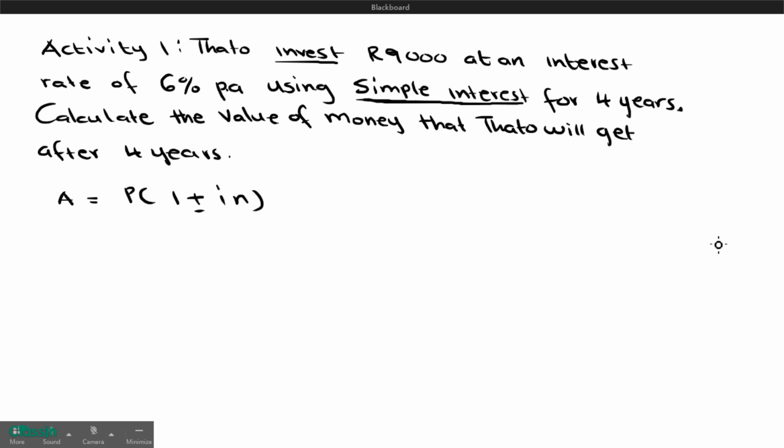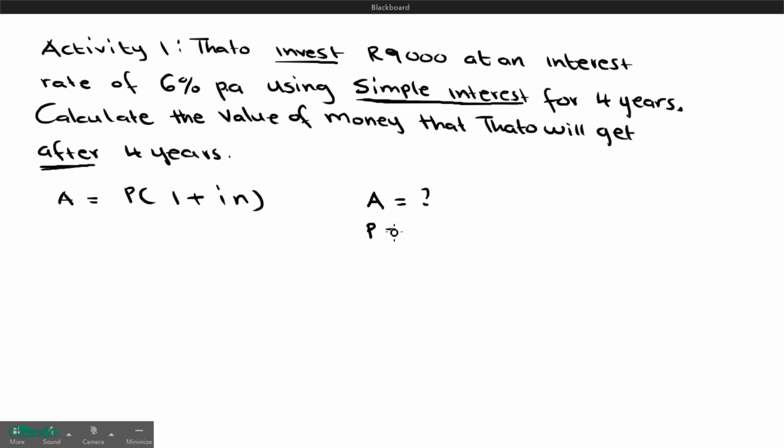If you are using simple interest, you will not have a negative, you are going to use a positive. Now, what is it that we have in this statement? We are calculating the value of money that Thato will get in future. It means that A is what we are calculating.